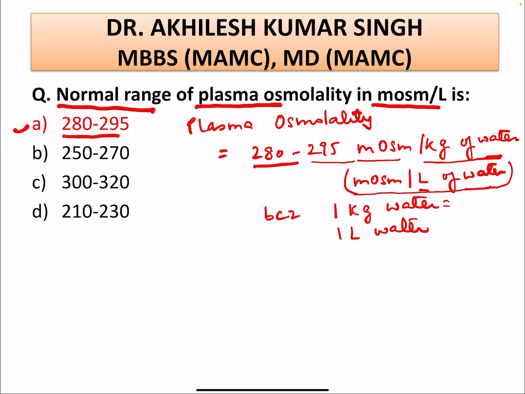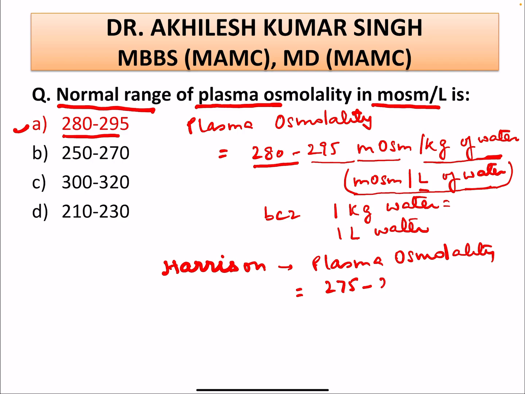In the Harrison, it is mentioned that the plasma osmolality is equal to 275 to 295 milliosmoles per kg serum water.